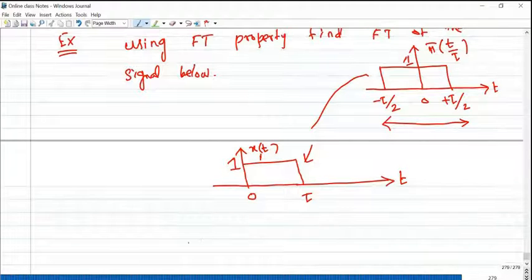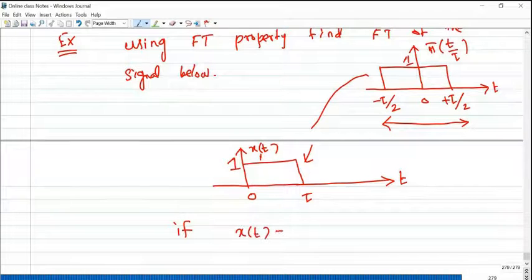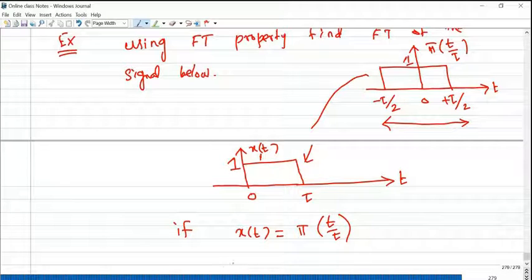So we can rewrite this signal. If x of t equals pi of t by tau, then x1 of t, that is in the given problem, should be equal to x of t minus tau by 2.